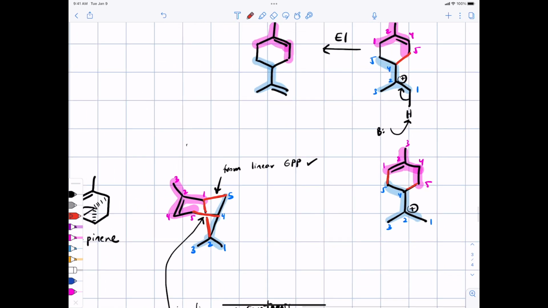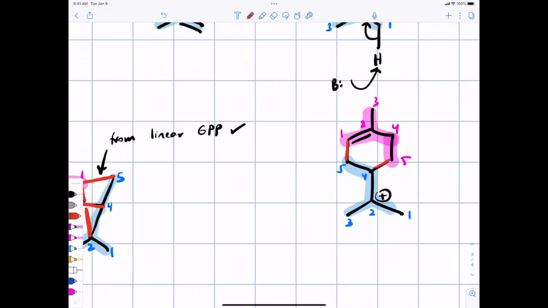So, how about now? Can you see a reaction whereby I could get a bond between pink 1 and blue 2? What kind of reaction is that? That's pi bond attacks carbocation, right? Now, this is an intramolecular process, which I know you hate.